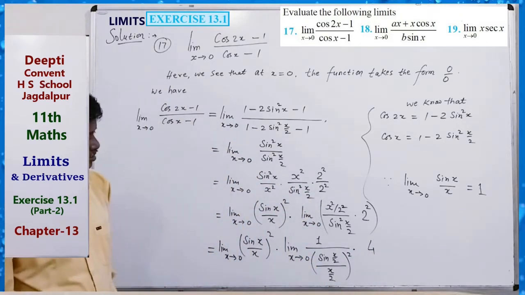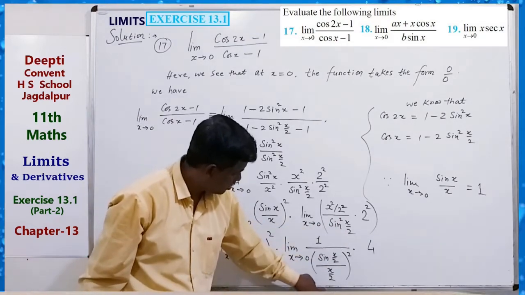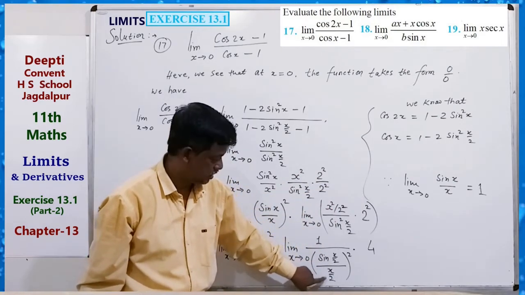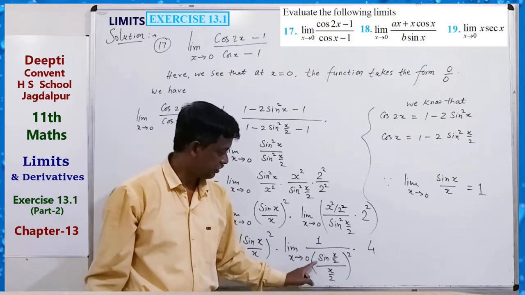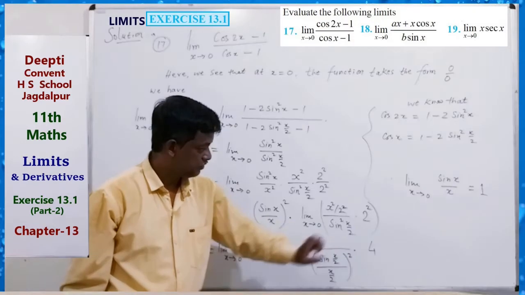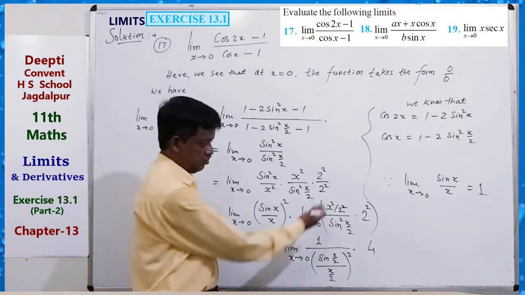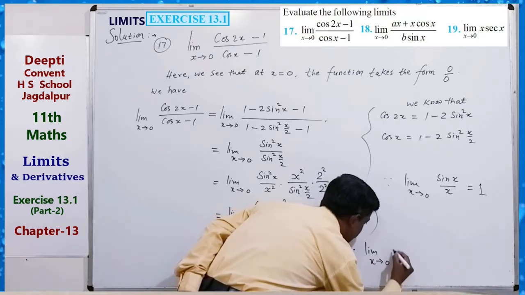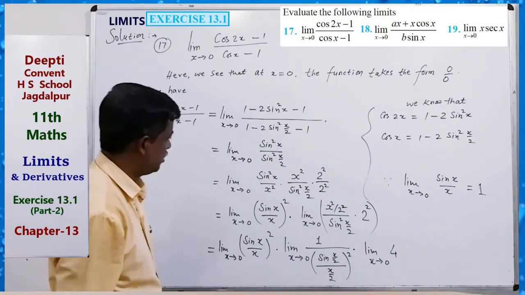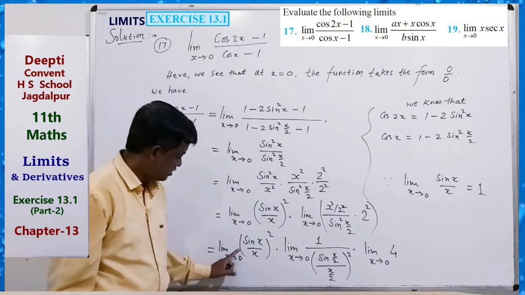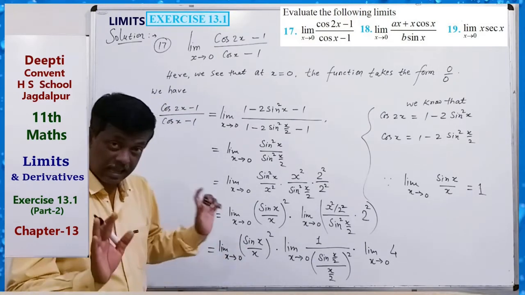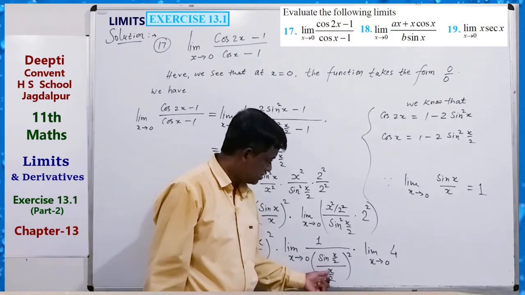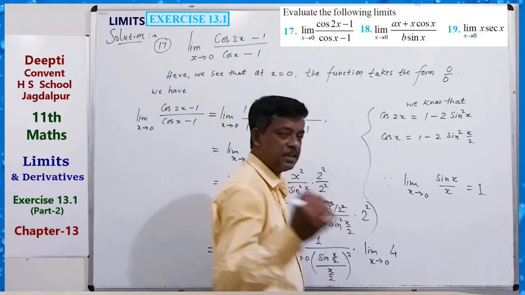We can write the 4 separately: the limit of 4, and 4 is a constant, so the limit is 4. Now the limit of the first factor as x tends to 0 is 1, so 1 square.